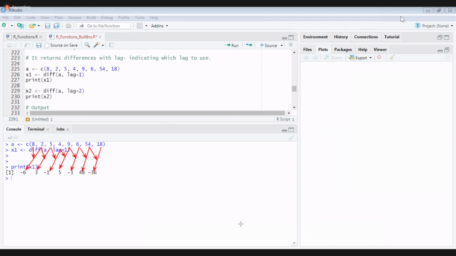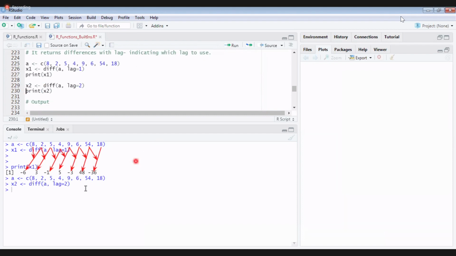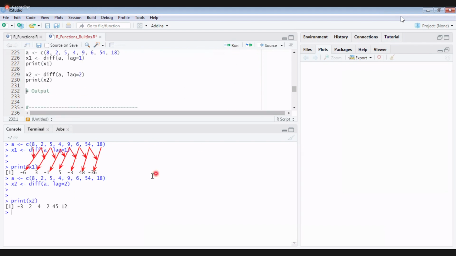Now what will happen if I give lag 2? Looking at the output, you tell me what is lag 2. Lag 1 I have explained.